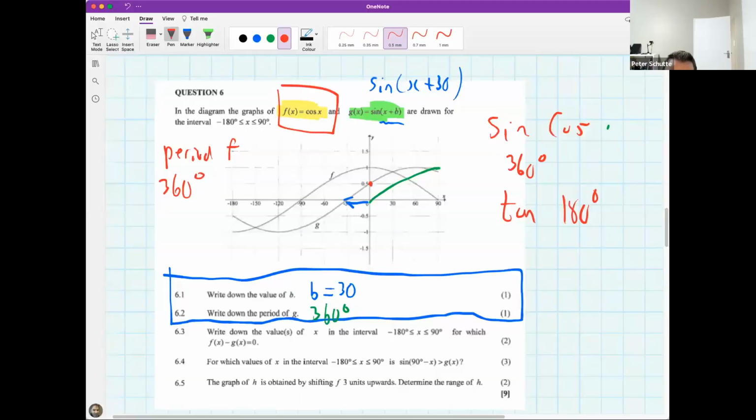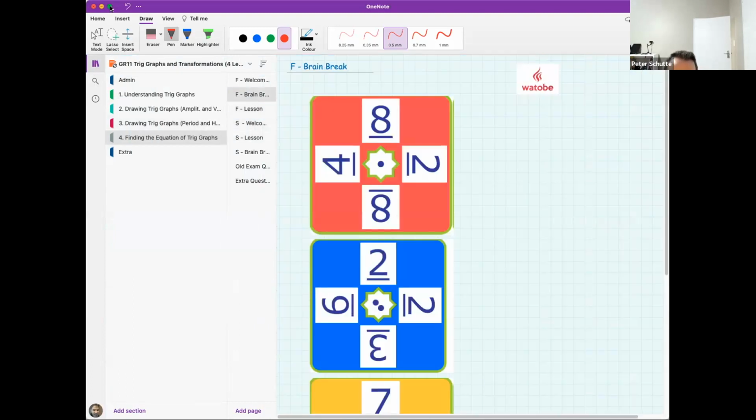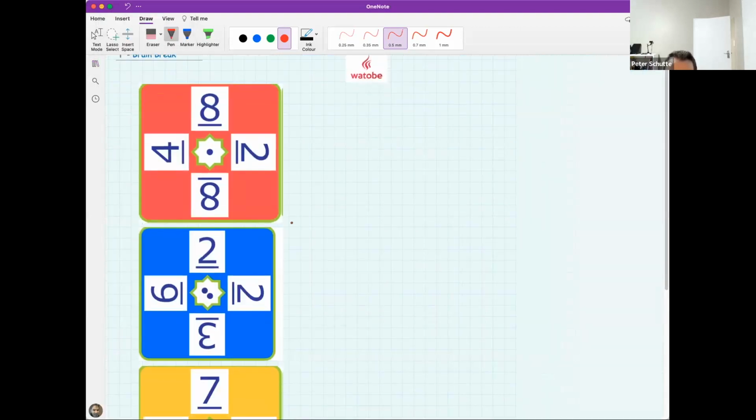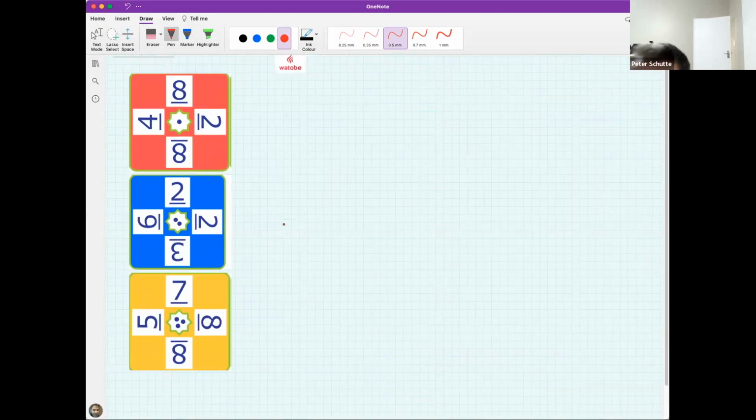I want to know from you guys, can you find me an answer to one of these Math 24 cards? I just want to make sure we get one of them today. So can you make 24 with any of these 4 cards?